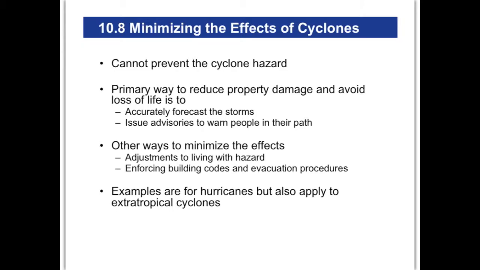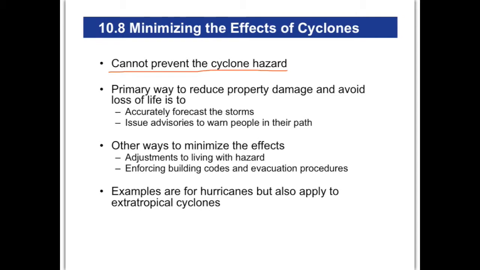Okay, so how do we mitigate cyclones and hurricanes and extratropical cyclones? Well, the fact remains that we can't prevent them. Maybe we could be doing a better job of reducing global warming and helping that way, but these storms will still come regardless. So what can you do if you can't prevent it?